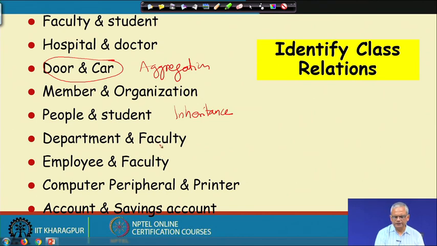Department and faculty, this is the association relation. Employee and faculty, this is the inheritance relationship. A faculty is a special type of employee.